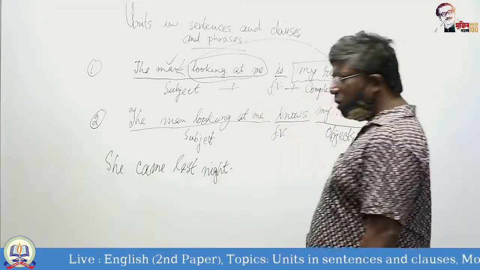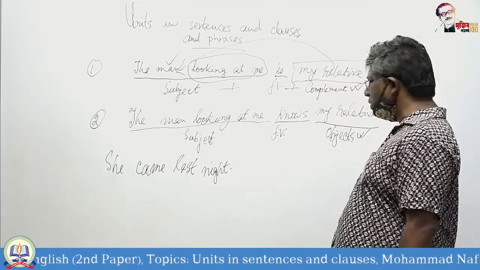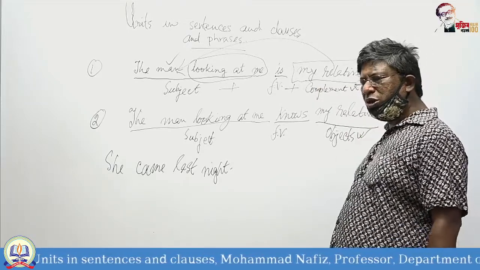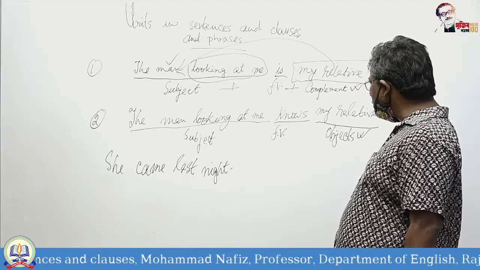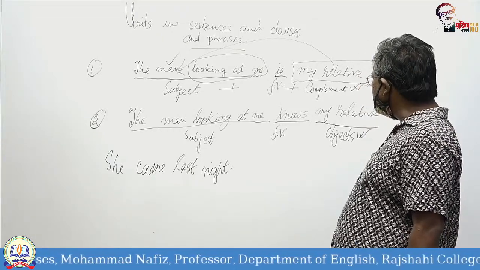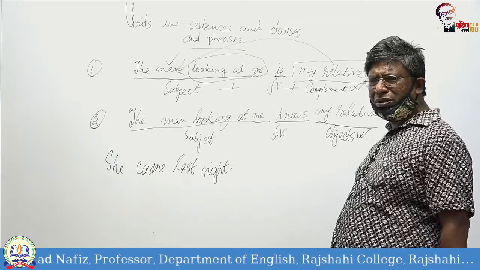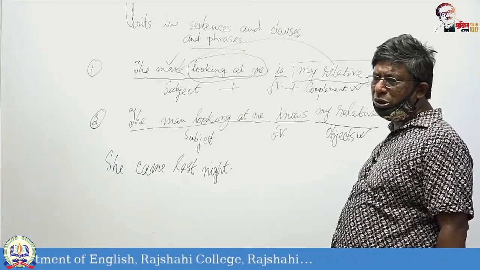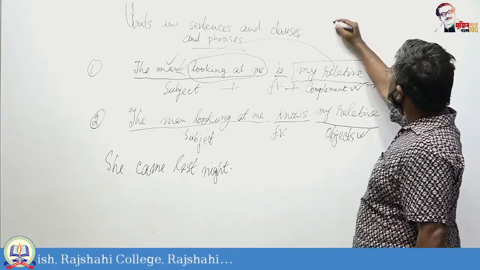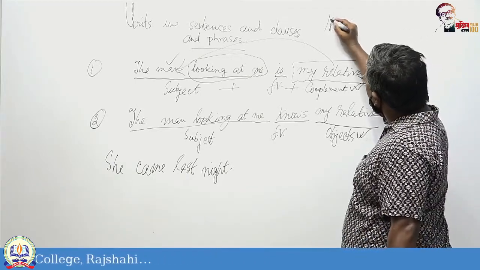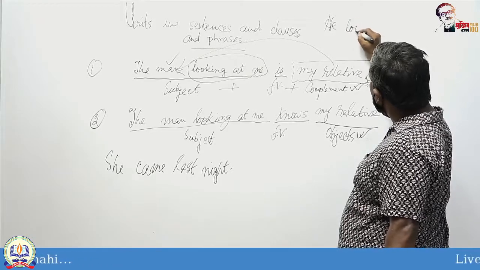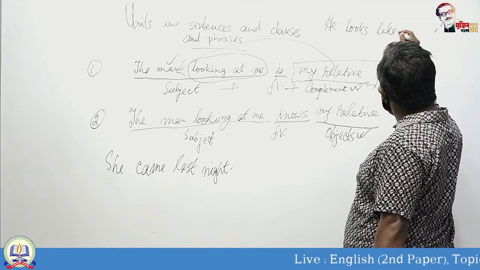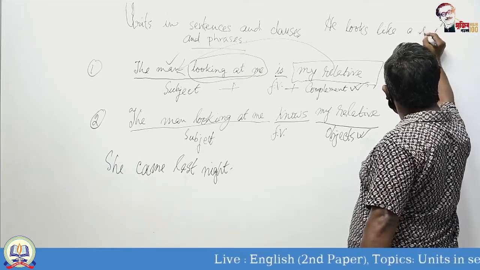One thing I forgot to repeat: all objects can be made subjects of the clause, but complements cannot be made the subject of a passive clause. For example, he looks like a school teacher.